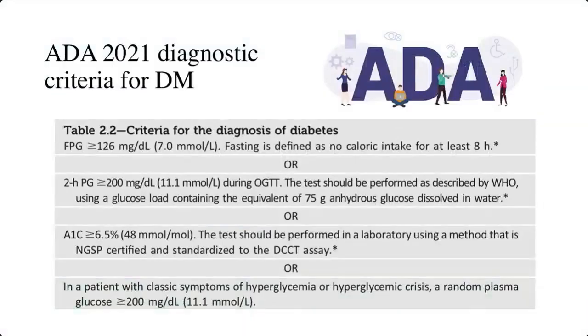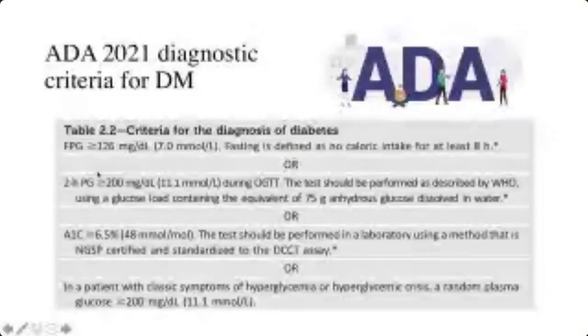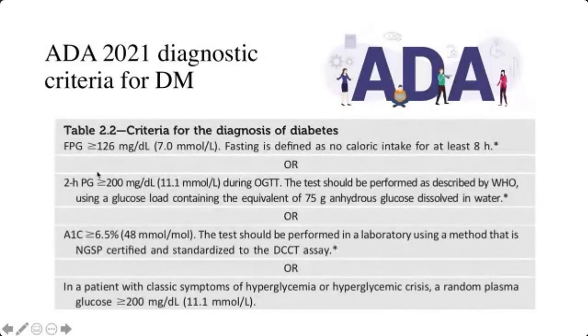These are the American Diabetes Association criteria. You can find here a fasting blood sugar of 126, a 2-hour post-oral GTT of 200, a hemoglobin A1C of more than or equal to 6.5, or a blood sugar of more than 200 with symptoms of hyperglycemia.